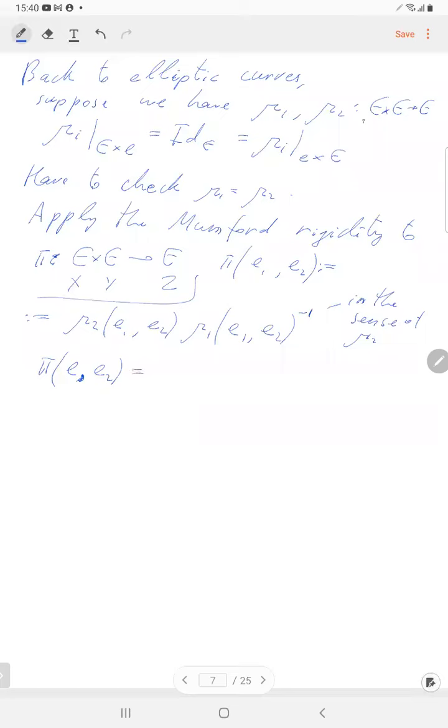So this is e, and there's also pi of e1 and e, and hence it follows that pi of e1, e2 is identically e, and we are done.